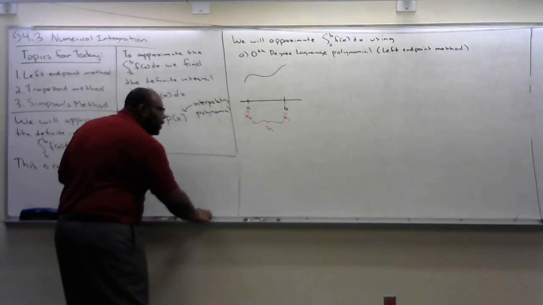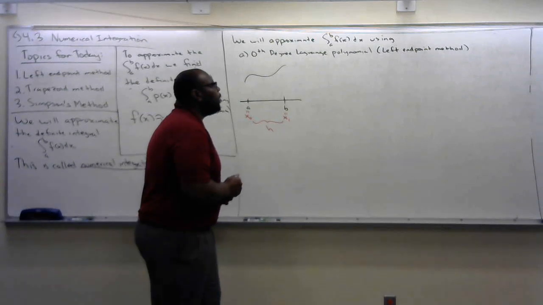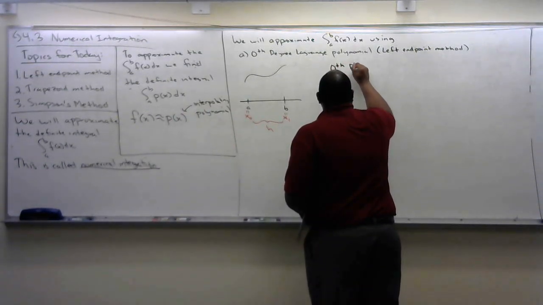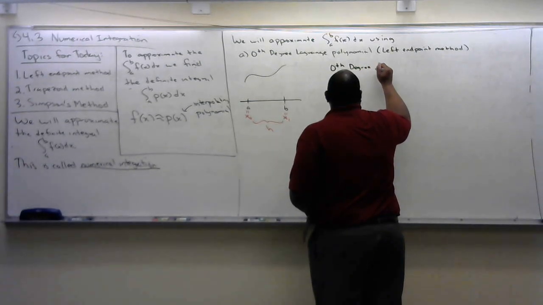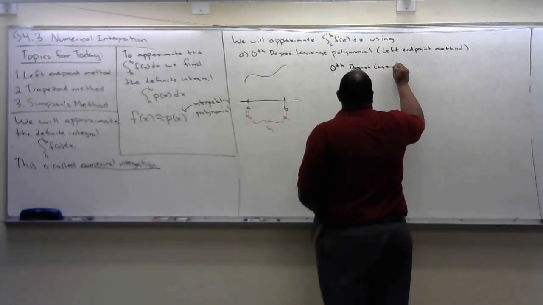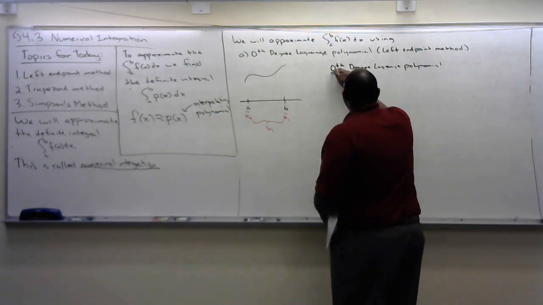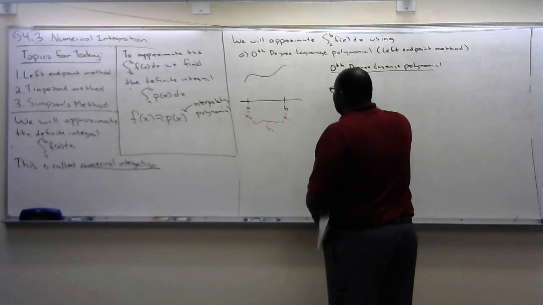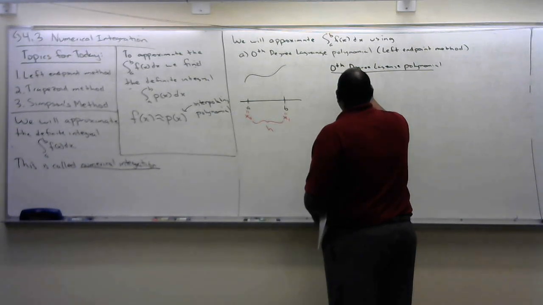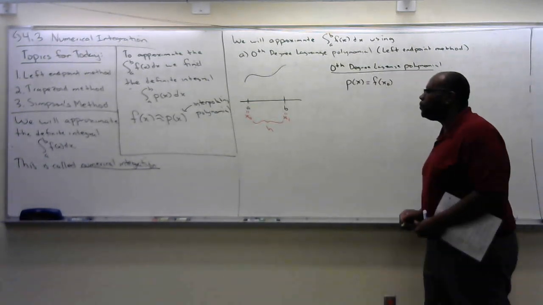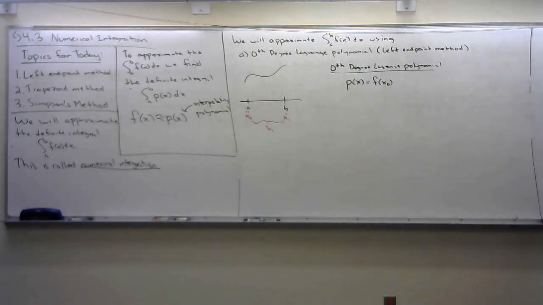And I can say my 0th degree Lagrange polynomial is just going to be one function value. It's going to be a straight line, essentially. p of x is equal to f of x naught.